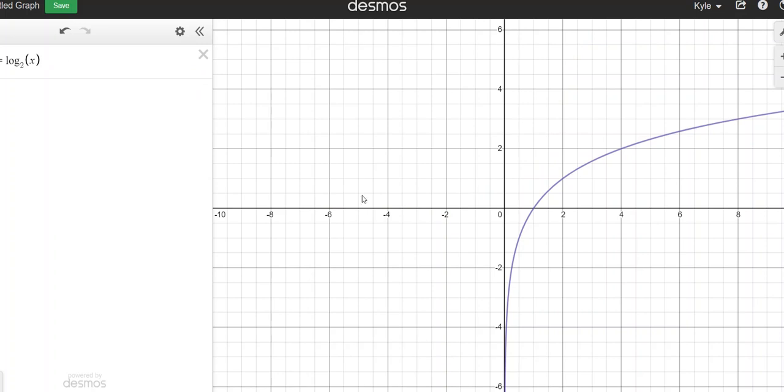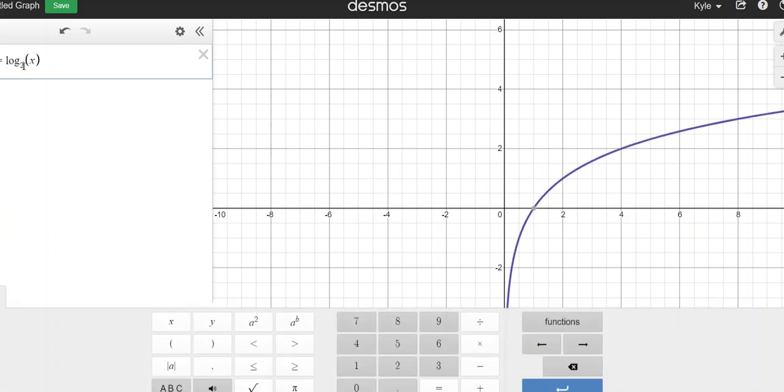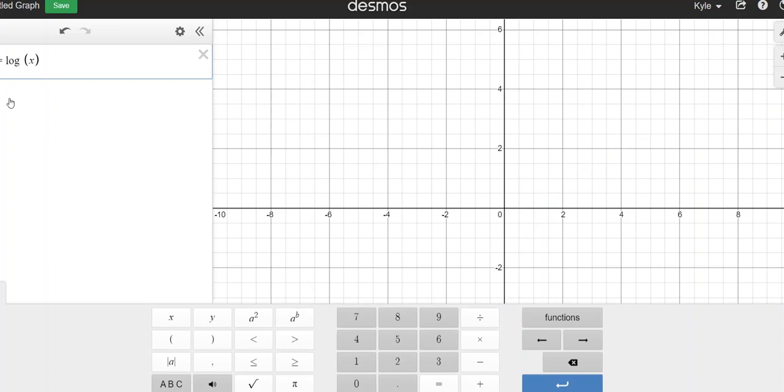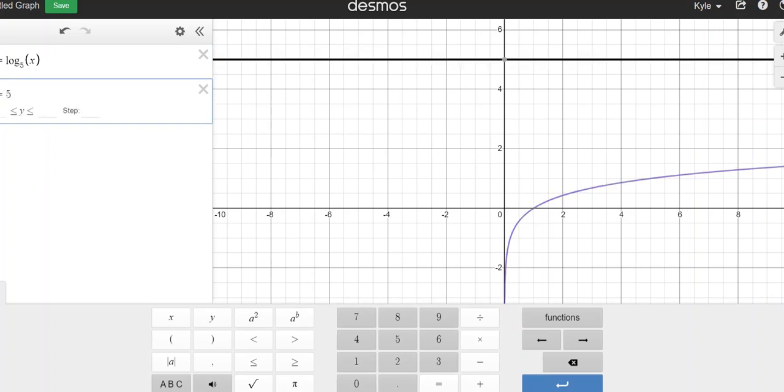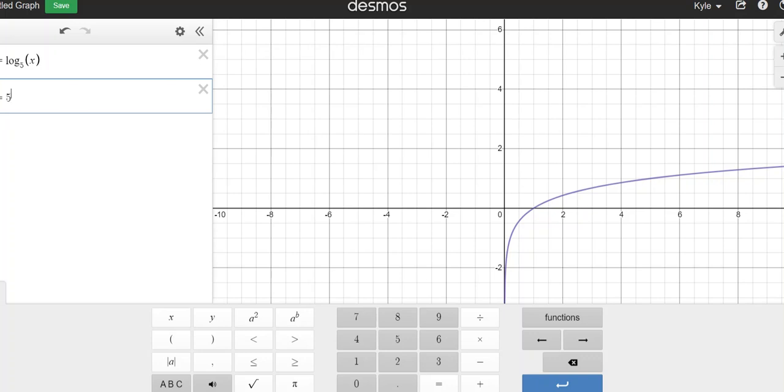But unlike the other ones, it won't always be exactly the same. Exponents are like this too, but you can change this to log base 5, and that'll look a little different. Here, I will write it, y is equal to 5 to the power of x. Do you see how 5 to the power of x rises more quickly than 2 to the power of x?